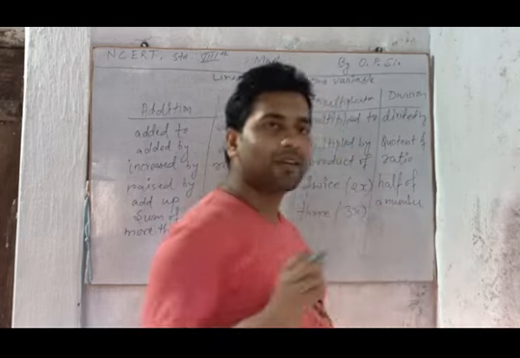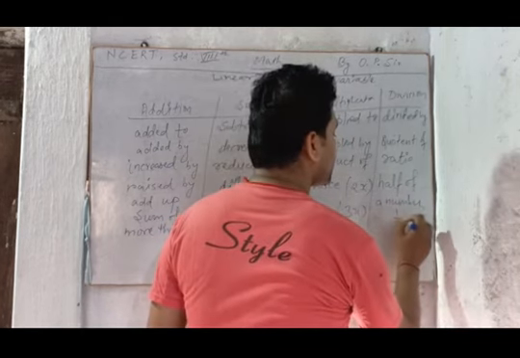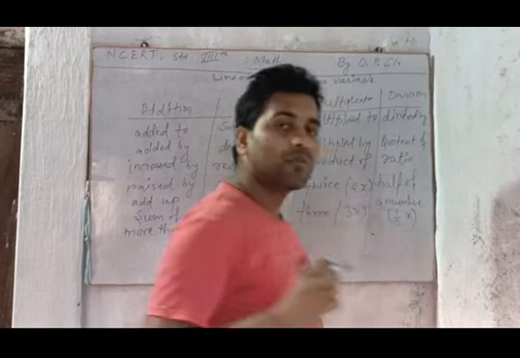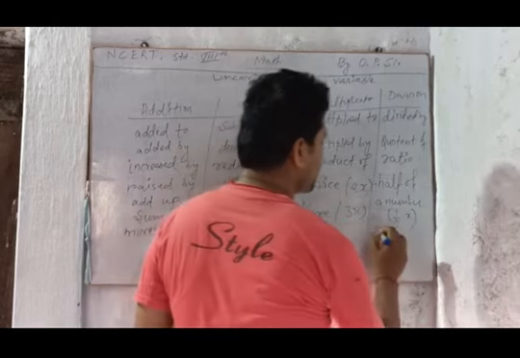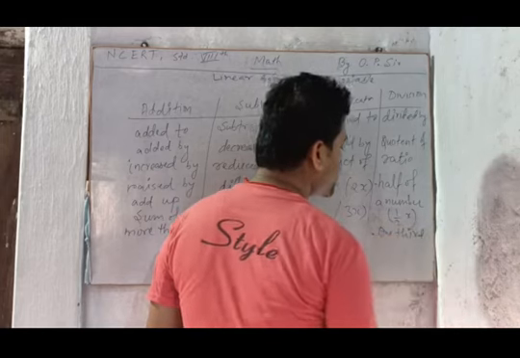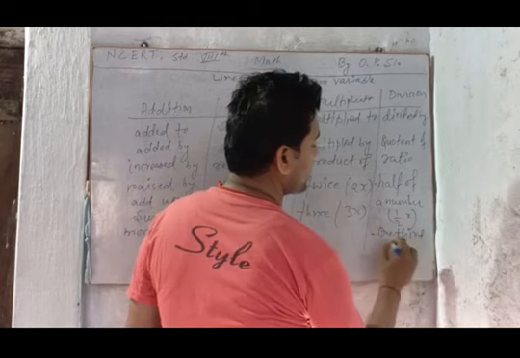If the variable is x, then that will be 1 upon 2 x in this case. Then next will be 1/3 of a number. And in this case, dear student, if the variable is x, then that will be 1 upon 3 x.